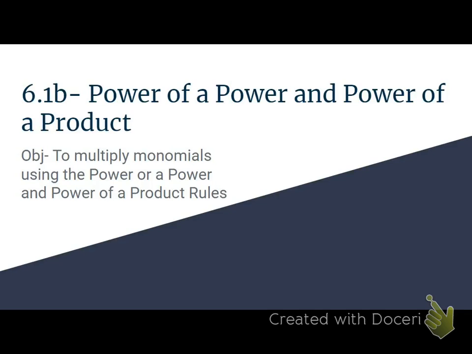On Friday, we talked about product of powers, which was a little bit different when we multiplied two terms together. When we multiplied two terms together with the same base, what did we do with the exponents? We added them. Okay, so today's rules will be a little bit different.